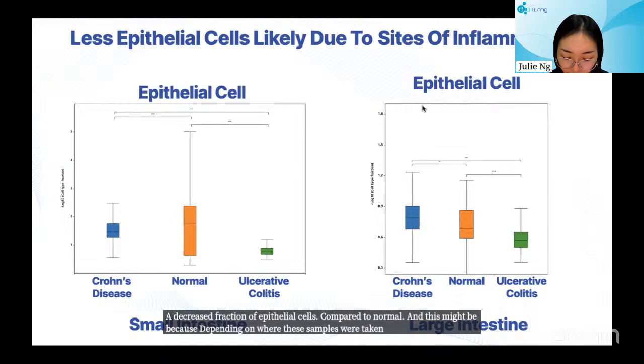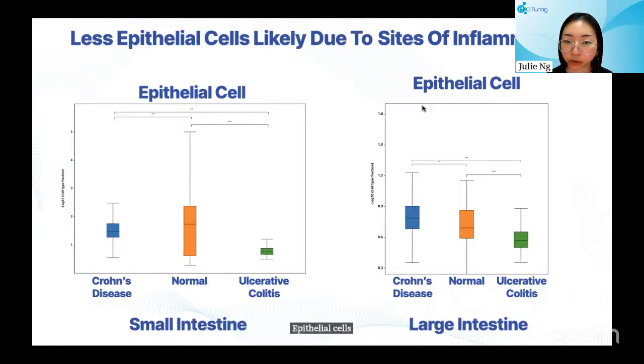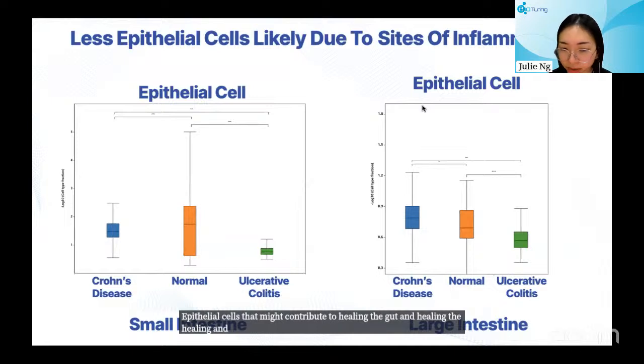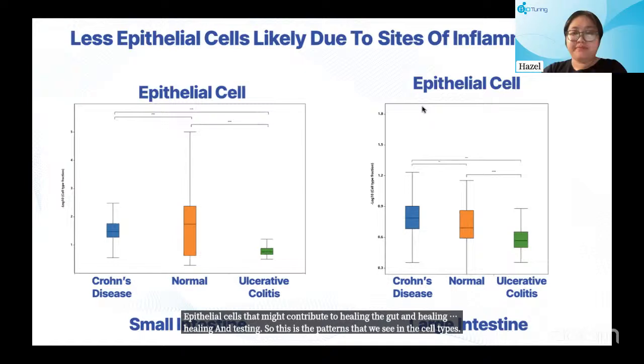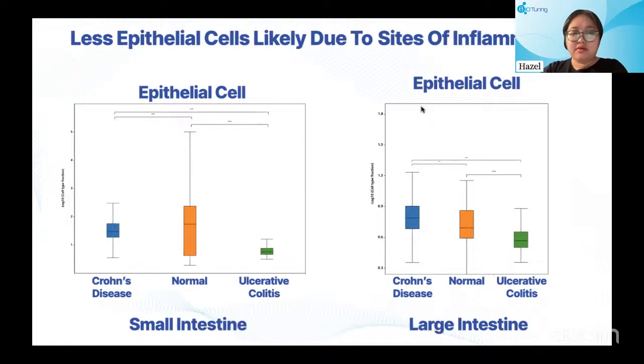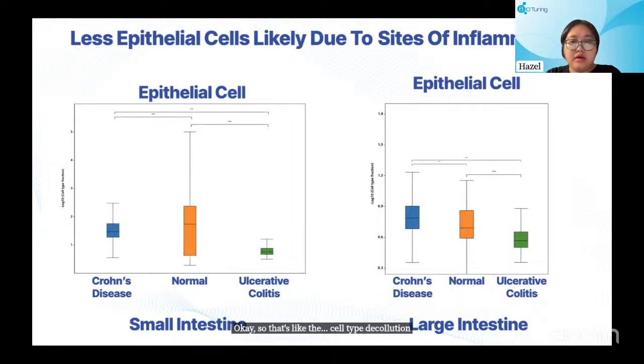For example, if the samples were taken from sites of inflammation, where we expect many more immune cells at play, then we see fewer healthy epithelial cells that might contribute to healing the gut. So these are the patterns that we see in the cell types.